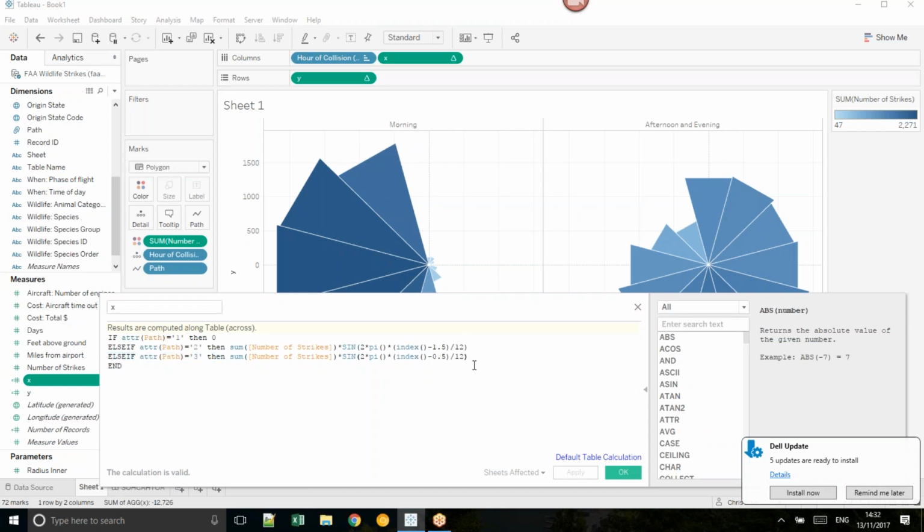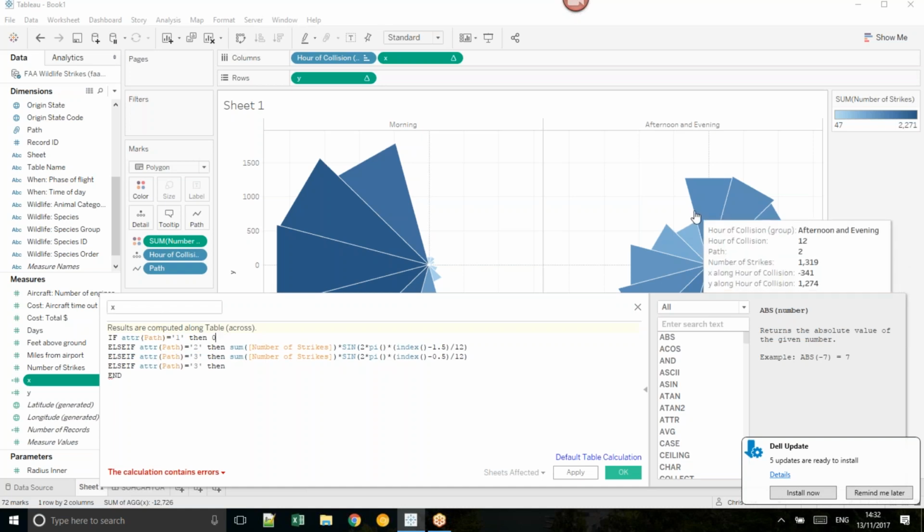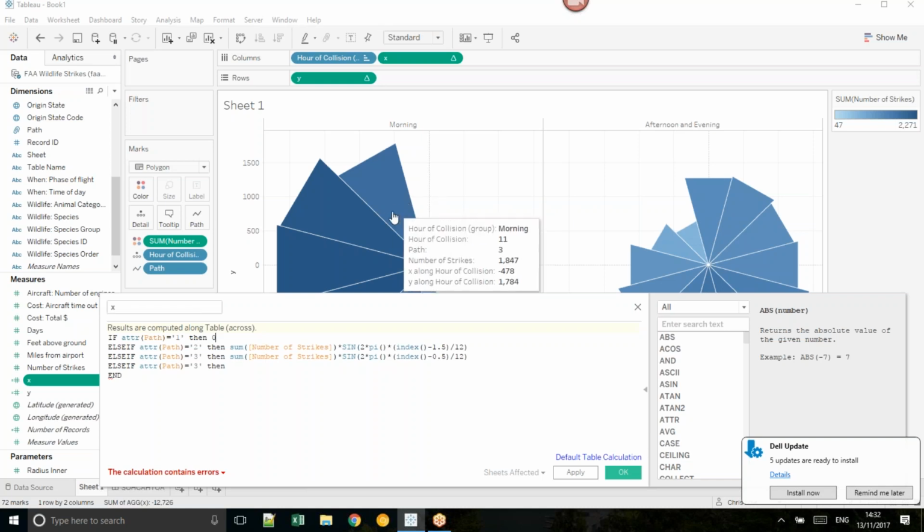But let's think, as I do that, what we want it to do. Well, this first one no longer wants to sit right in the middle. We want this one to come out to a certain point, just here. Now, how far do we need it to come out? Well, let's say the radius of these is about 1,500.